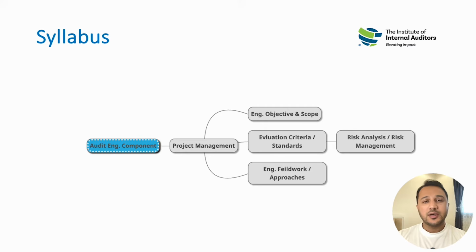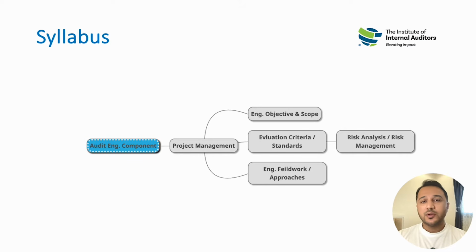The third stage is the different approaches that we can adopt to perform different sorts of engagements, especially audit engagements. There are multiple approaches, and it is at our discretion to decide which approach is more suitable for each audit engagement.